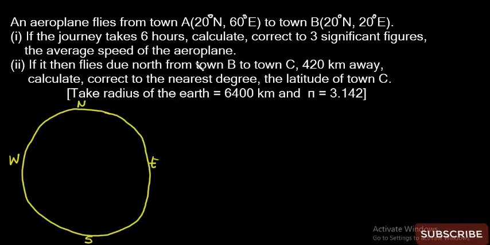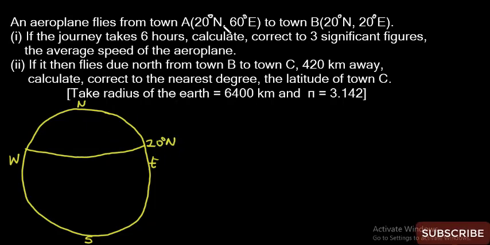Good. So let's go for the first town, which is located at 20 degrees north. Remember that this is the equator and it rises up until 90 degrees. So it's just going to be a little bit above the equator. So this is 20 degrees north.